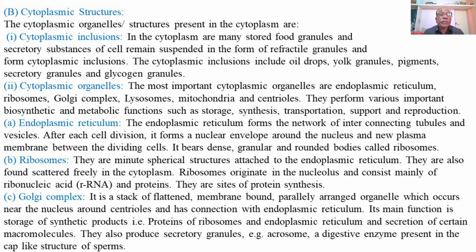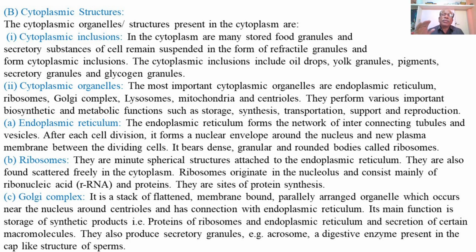So, endoplasmic reticulum forms the network of interconnecting tubules and vesicles or cisternae or lamellae, and after each cell division, it forms a nuclear envelope around the nucleus and a new plasma membrane between the dividing cells. It bears dense granular and rounded bodies called ribosomes, and thus is called rough endoplasmic reticulum.